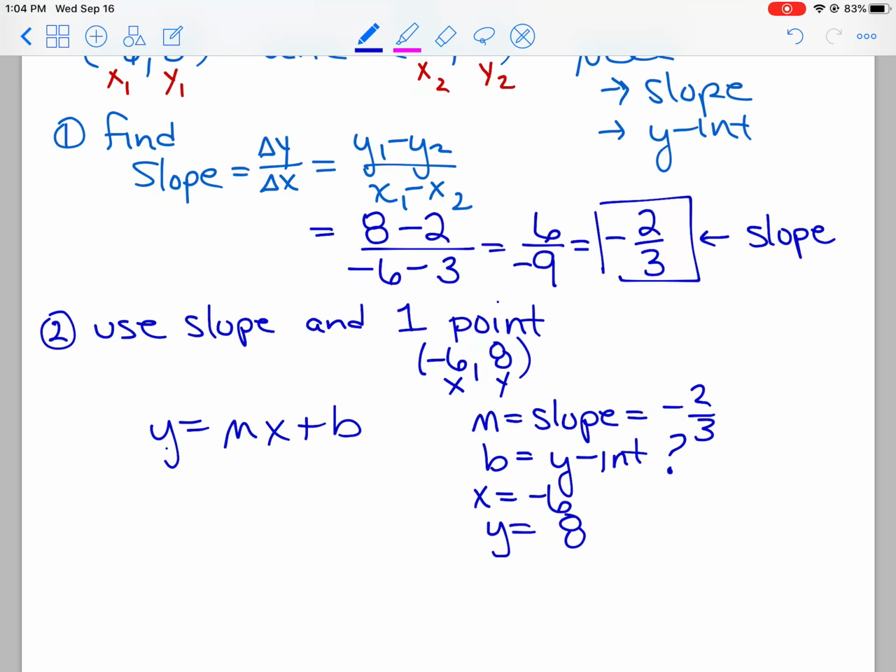So the y is 8 equals my slope, which is -2/3 times -6 plus my y-intercept.